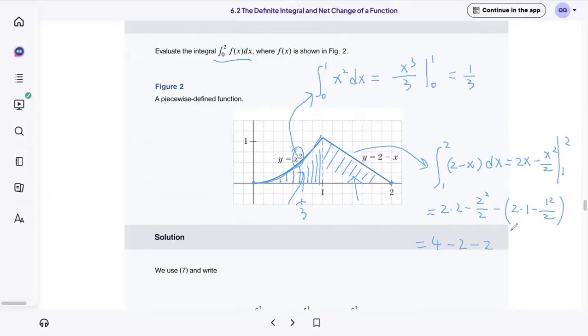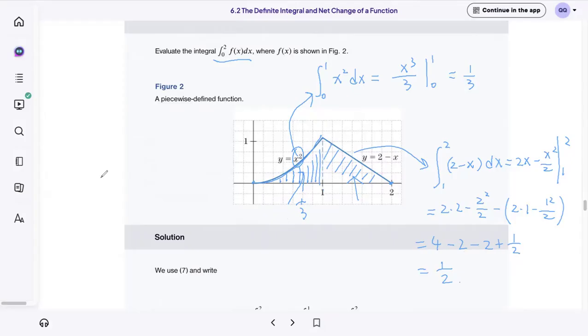Minus 2 times 1, 2. Minus becomes plus. 1 squared, 1 divided by 2 is a half. So 4 minus 2 is 2. So the area under this is just a half.